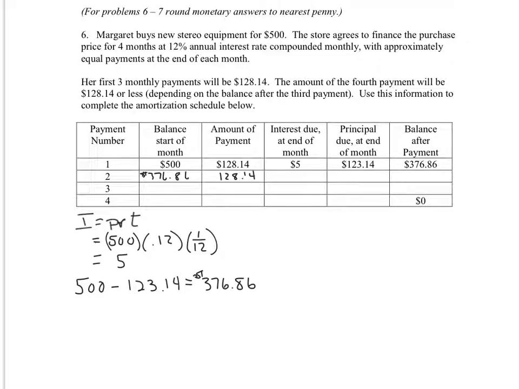So again, I go back to I equals P times R times T, but this time my P is 376.86. Interest rate is still 0.12, and time is 1 over 12. If I multiply that out, I get, rounded to the nearest penny, $3.77.